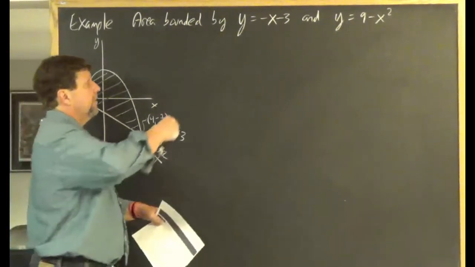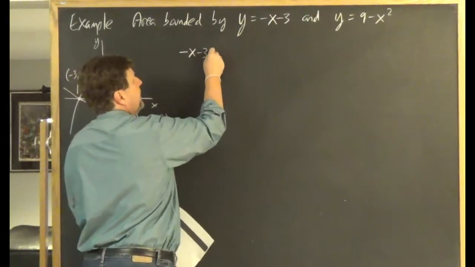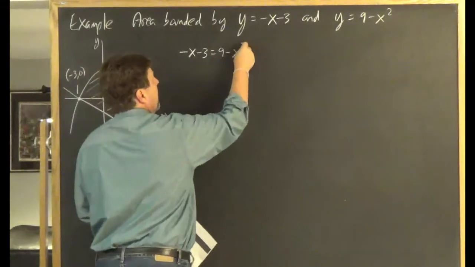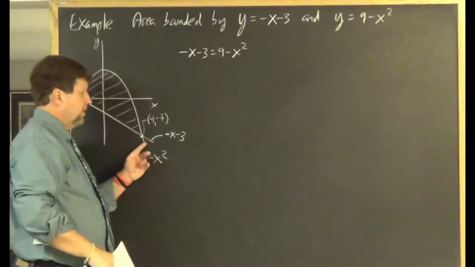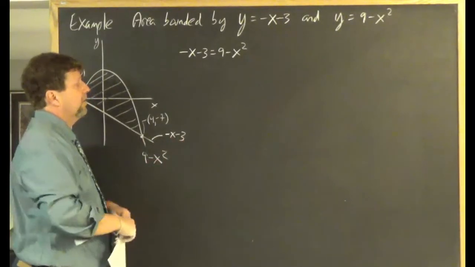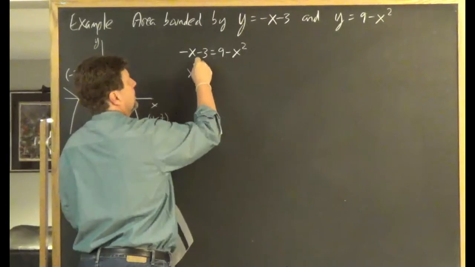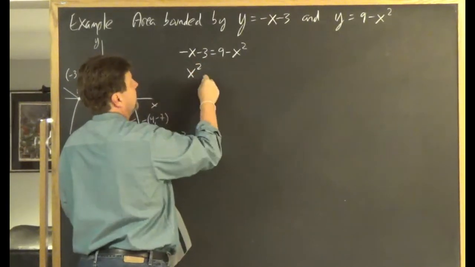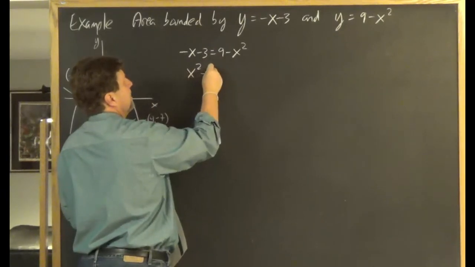So you would take -x minus 3 and set it equal to 9 minus x squared. You want to know where this curve is equal to this curve. Now I would add x squared to both sides, and subtract 9 from both sides.